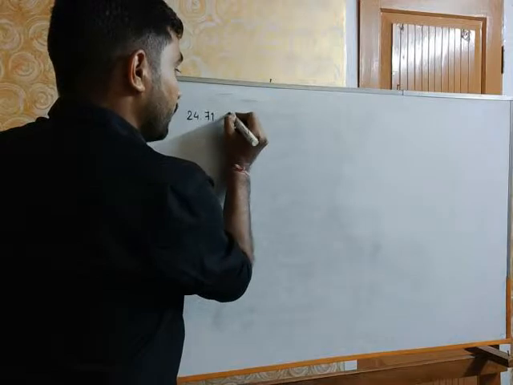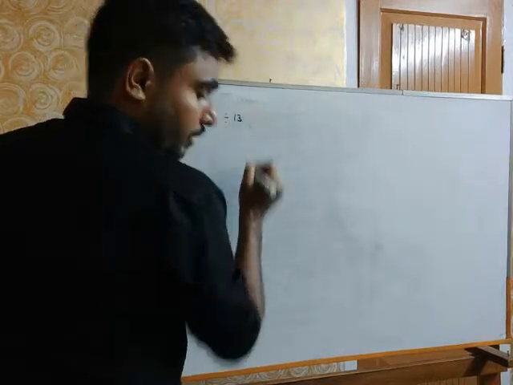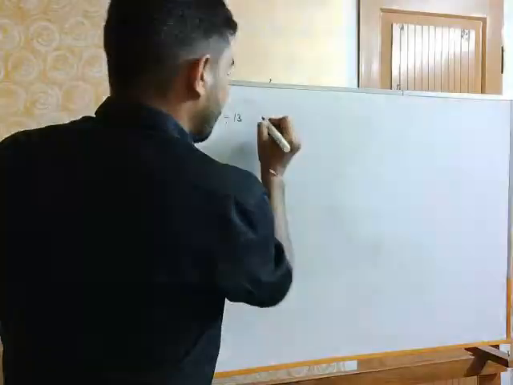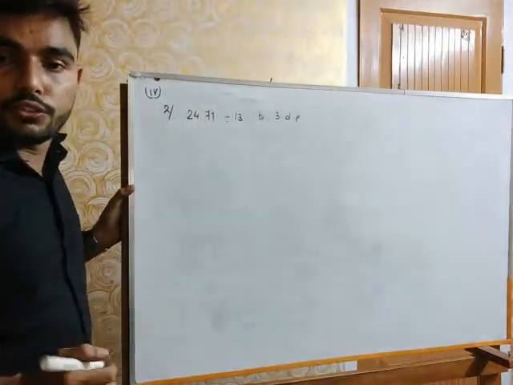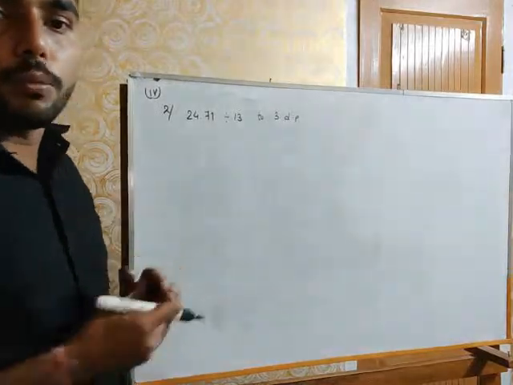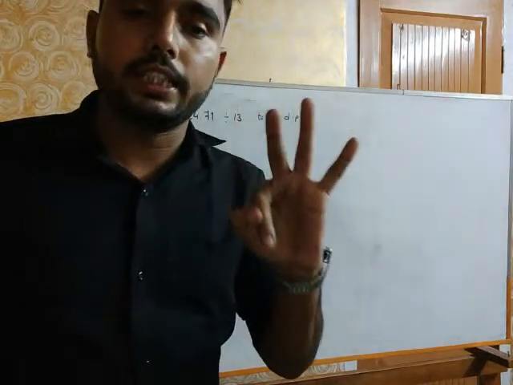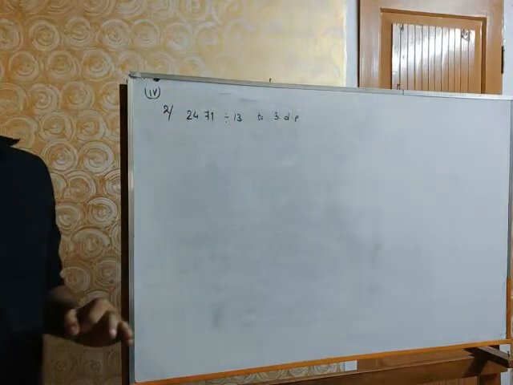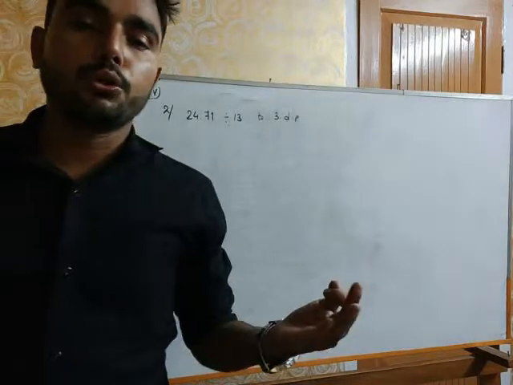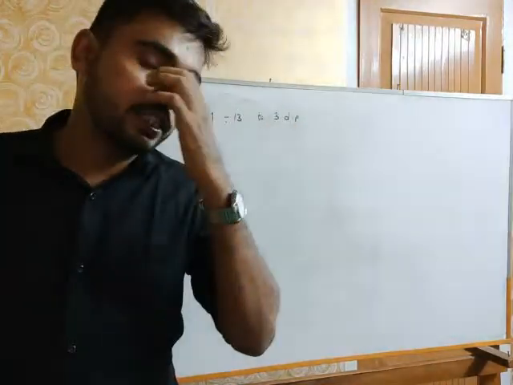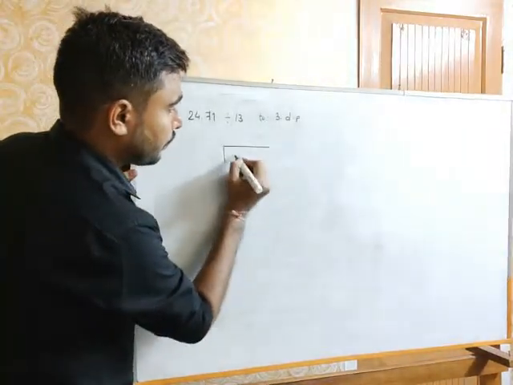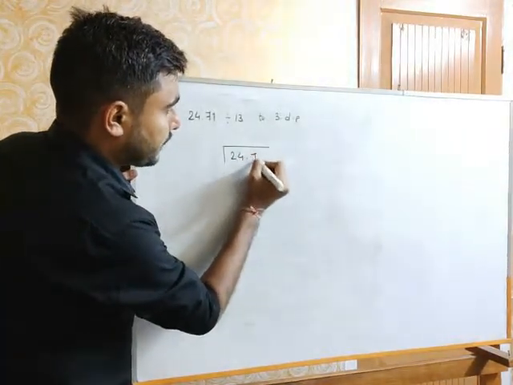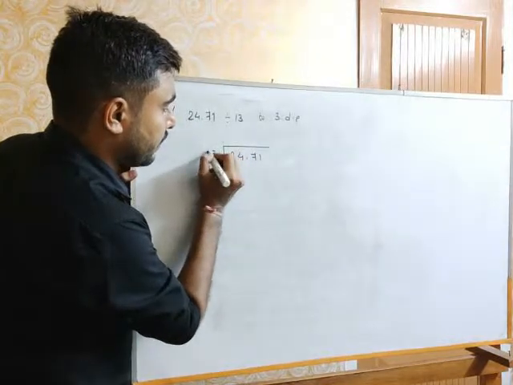24.71 divided by 13 to 3 dp. If it is 3 dp, it means after the decimal you need 3 digits in the quotient. So let us first divide 24.71 by 13.